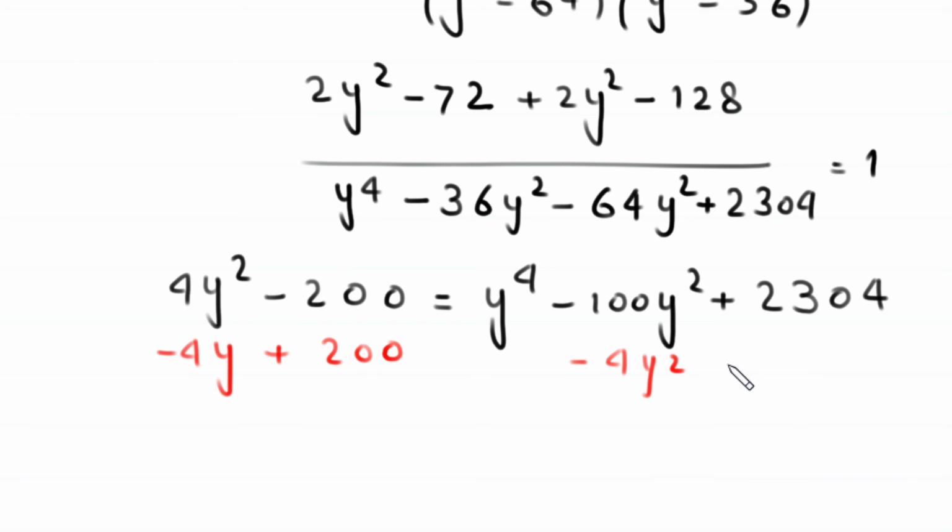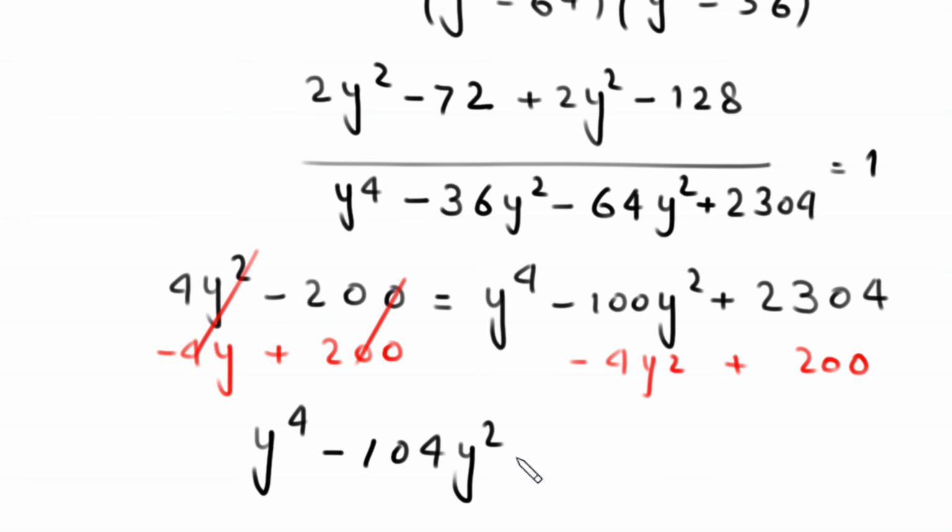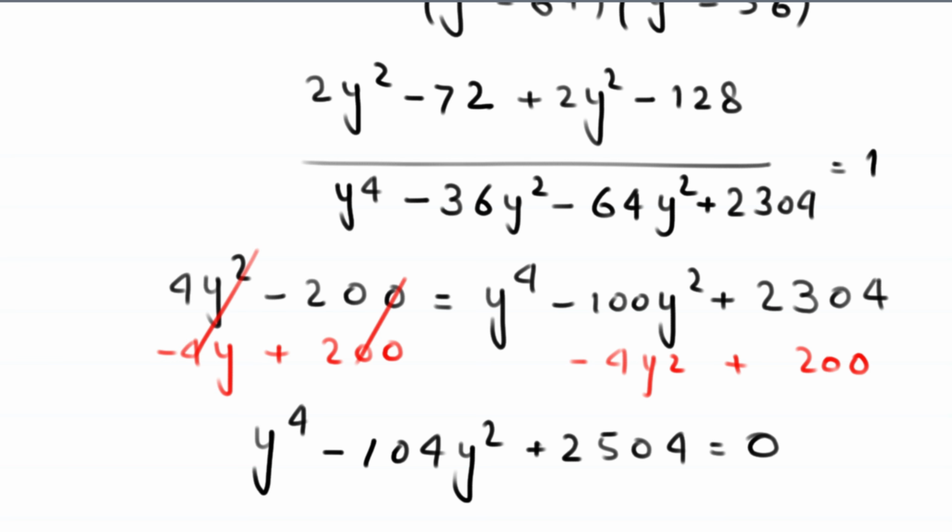So this cancelled out and this cancelled out. We are left with y to the power 4 minus 104 times y squared, and this will become 2504 equal to 0.